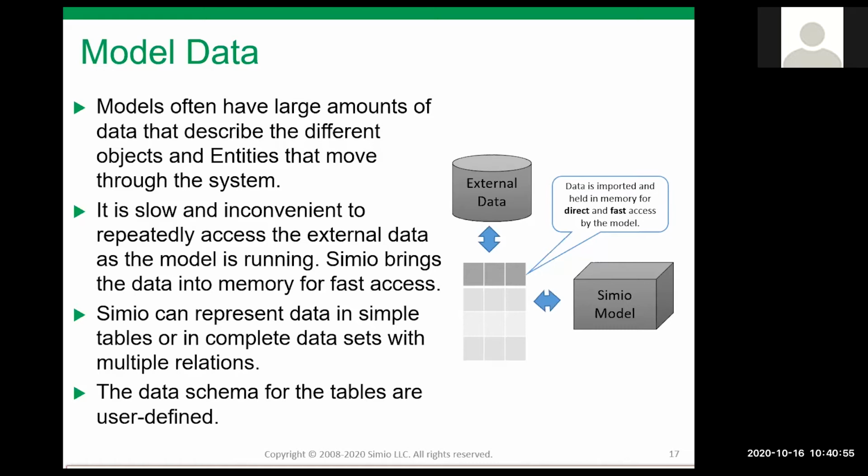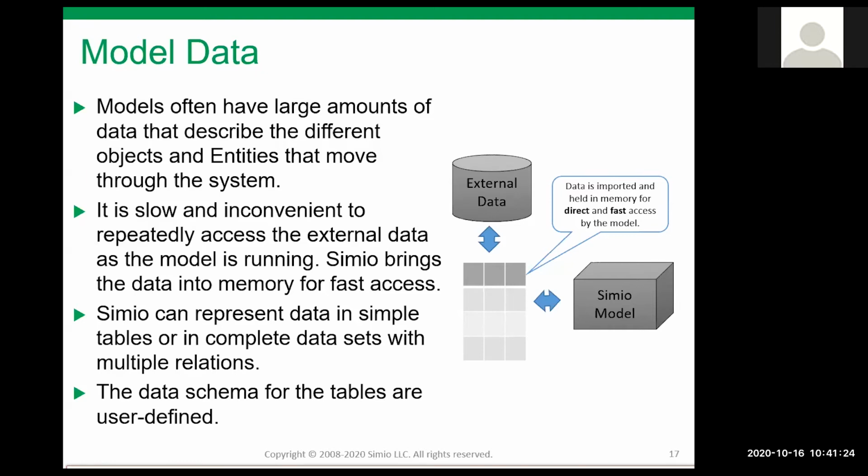And how do we handle things like that? Well, we handle those with data tables. Simio has the ability to represent pretty much any data you want in a model. At its simplest level, it looks kind of like a spreadsheet, but they can be relational tables, and the schema or the design of that table is something that you do, not us.